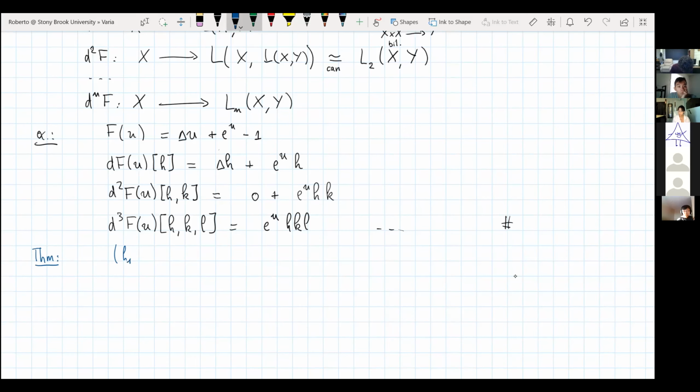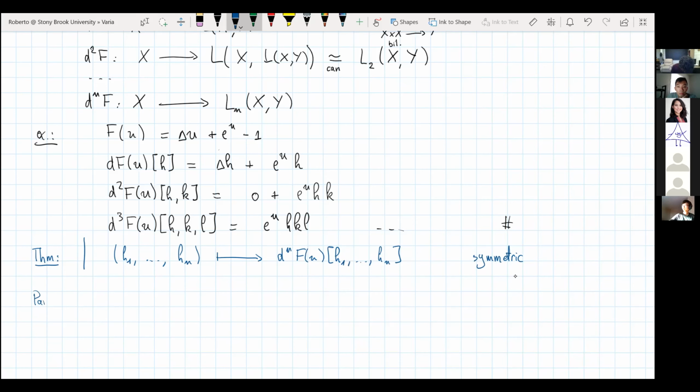And the theorem says that the evaluation map that takes n elements of x and sends them to the nth differential of f at u evaluated at them is not just n-linear, it's actually symmetric. Again, here the assumption is that we have differentiability up to order n. Okay, so that's all I wanted to say about higher derivatives.